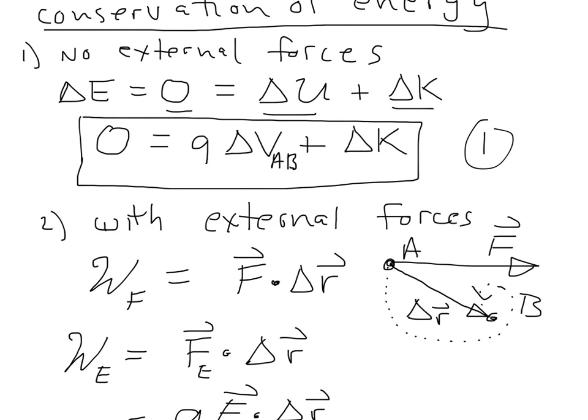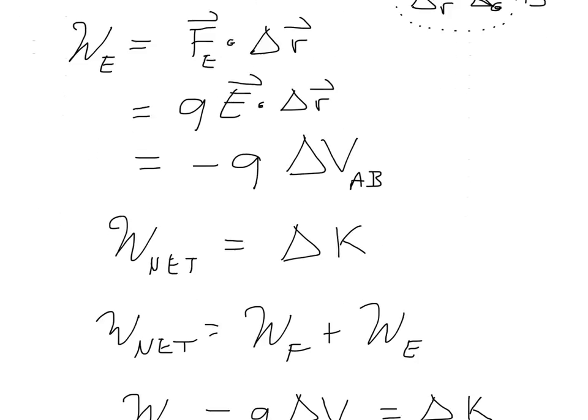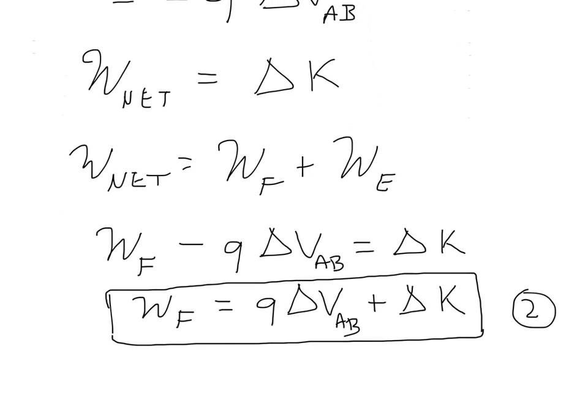You see the change in energy is 0. It's equal to the sum of the changes in potential and kinetic. When there's an external force, let's go back down here, we see that the change in energy is not 0. On this side we see the change in potential plus kinetic, but they're equal to the external work done on the object.